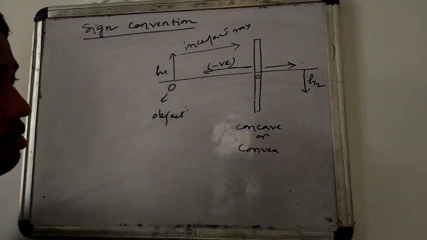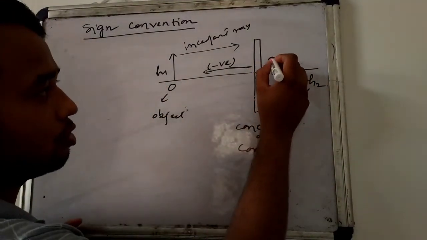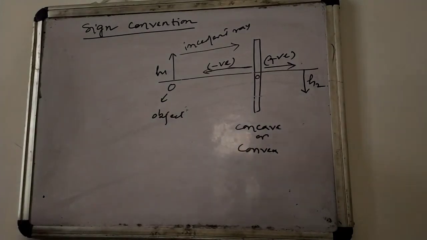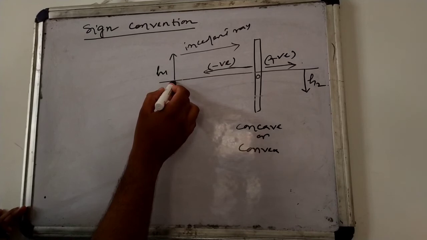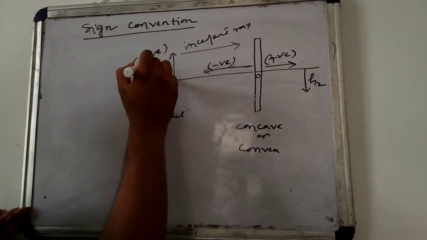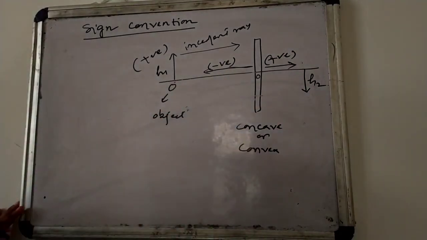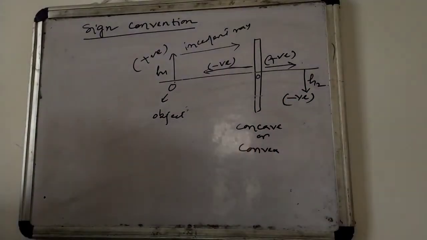This direction is the same as the direction of incident ray, and that is why it will be positive distance. Now the height of the object is perpendicularly upward to the principal axis, that's why it will be positive, and the height of the image is perpendicularly downward to the principal axis, and that is why this is negative height. So these are the rules of sign convention we have to apply.